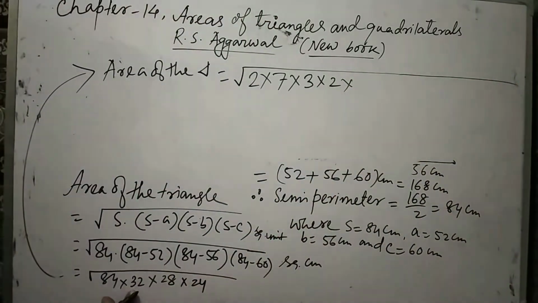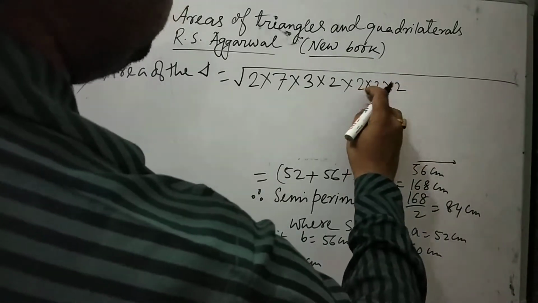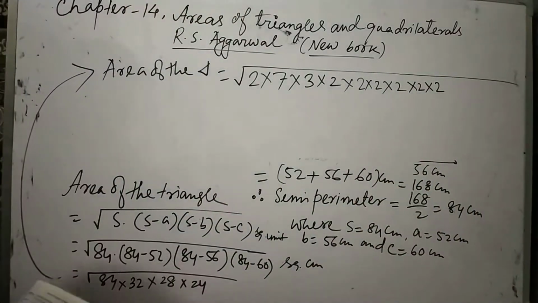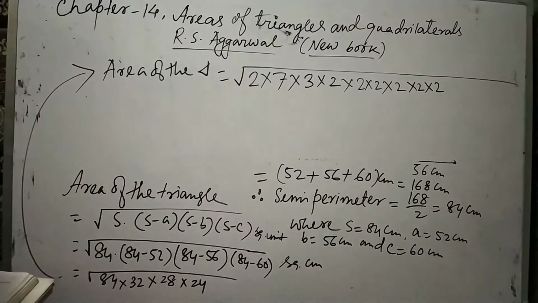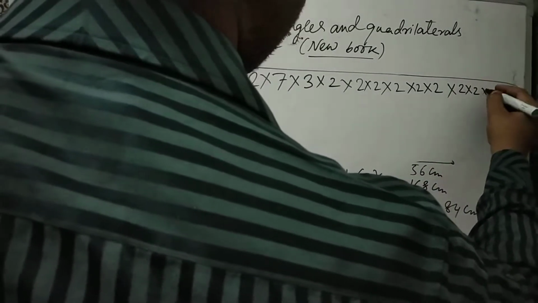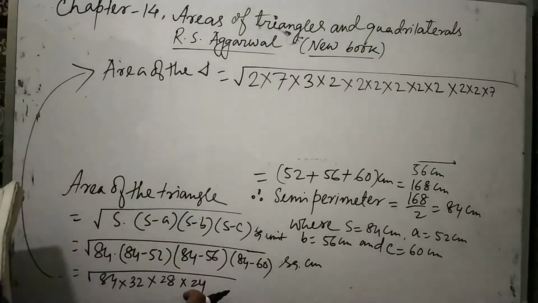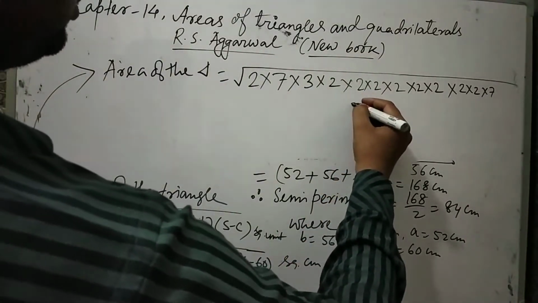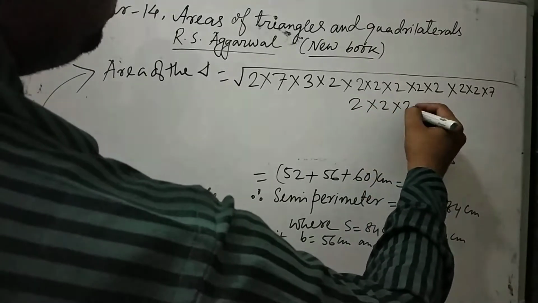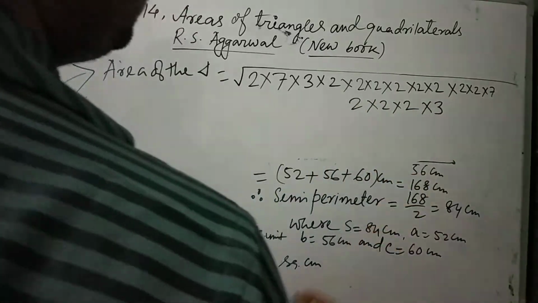For 28, 2 into 2 into 7. For 24, factorize 24, 2 into 2 into 2 into 3.